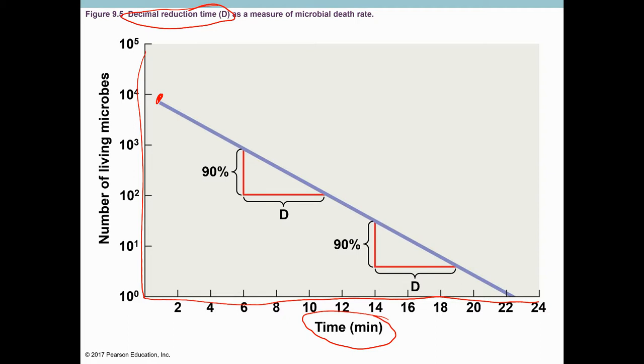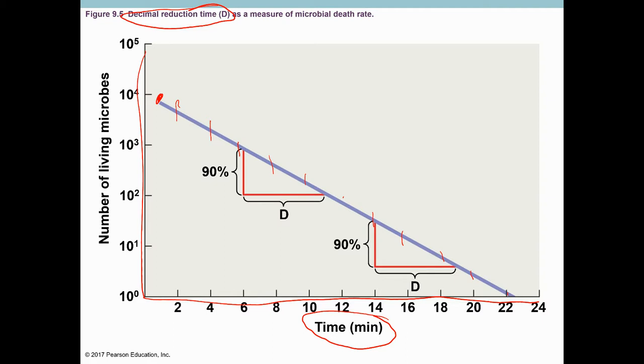Then at a certain temperature, you would heat it, and you would take a sample out every 2 minutes, maybe, and count how many microbes are in those samples, and then you would plot it.